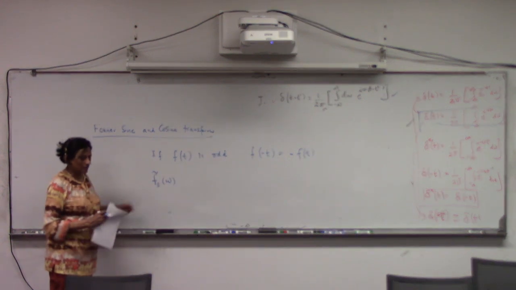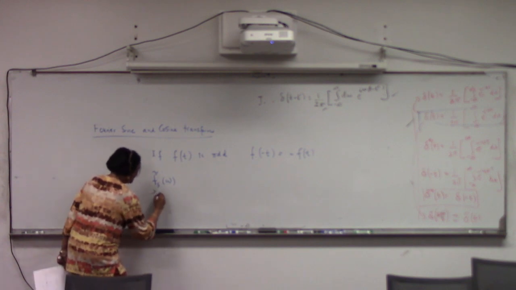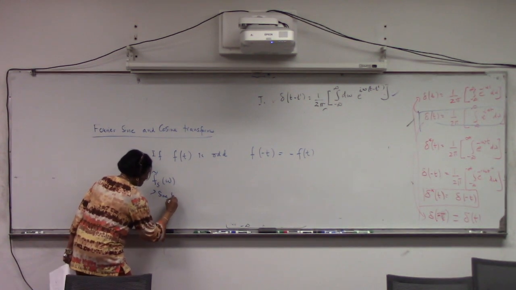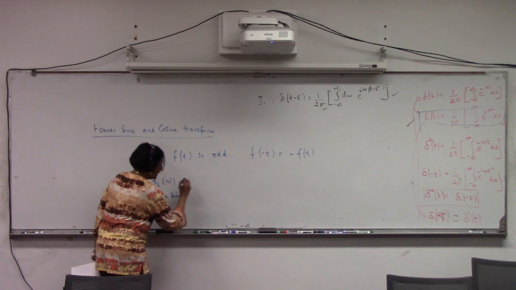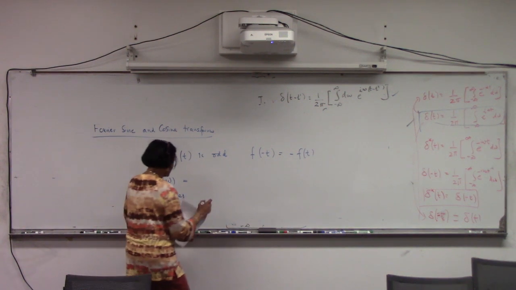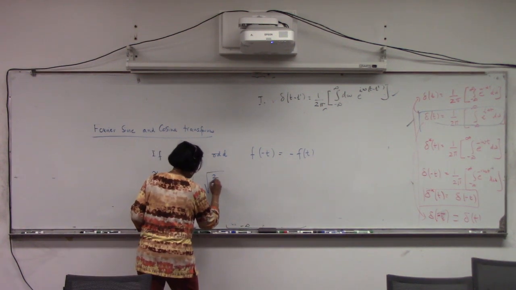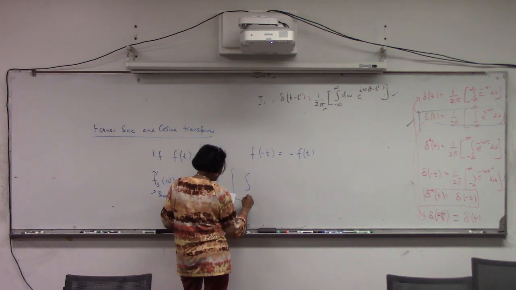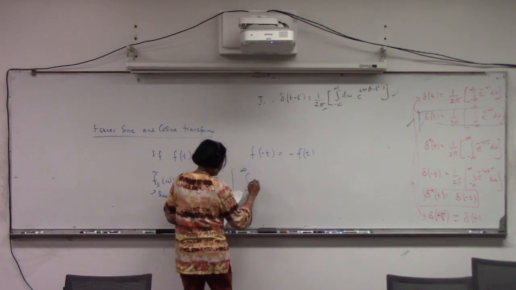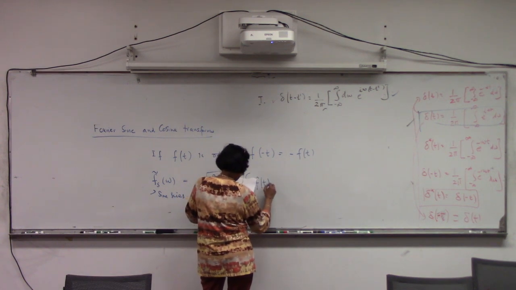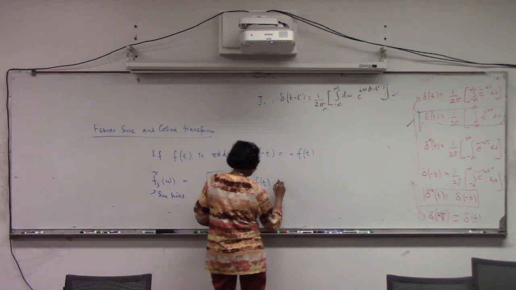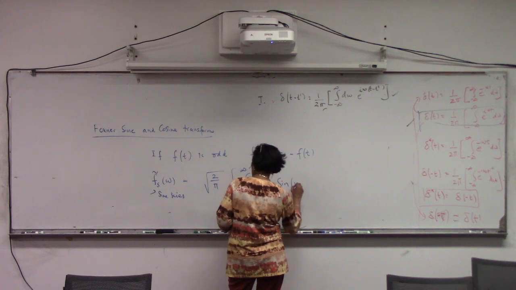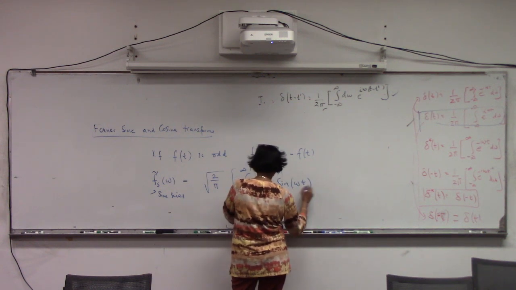I put S to represent that it's a sine series, and the definition of that is given as square root of 2 over pi, and I'll prove to you where it comes from, integral from 0 to infinity of f of t sine of omega t dt.